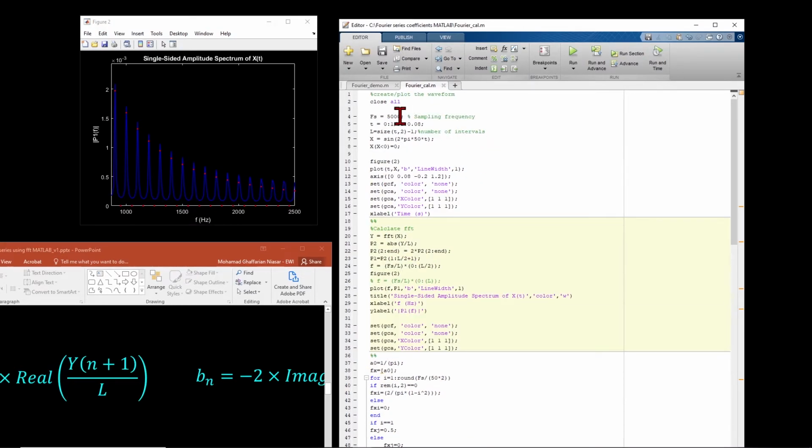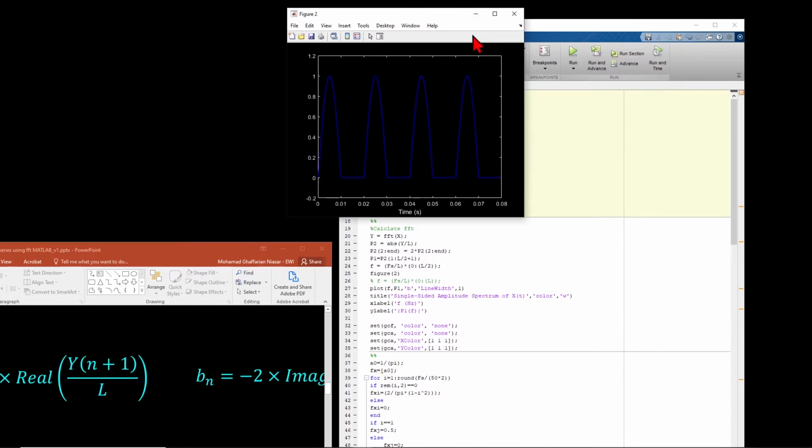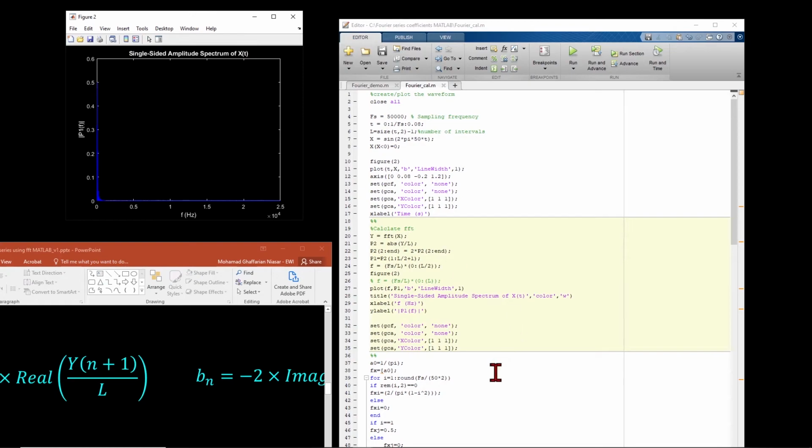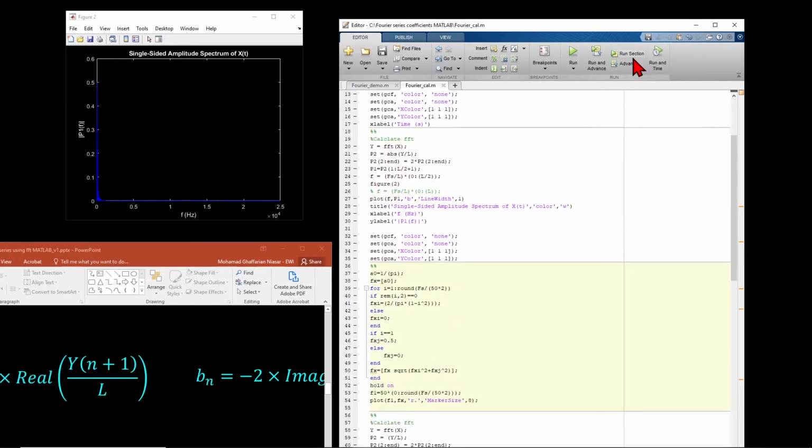However, if we increase the sampling frequency, let us make it 50,000, we plot the waveform, and now we calculate this again. Again single-sided. The sampling frequency was 50,000, but we plotted the frequency up to 25,000 Hertz. And now I put in the analytical calculation. Let us zoom in on this.